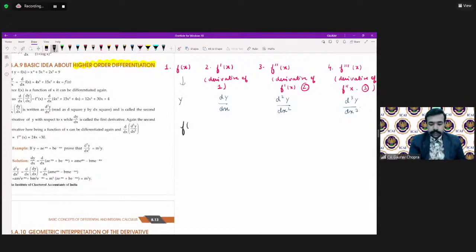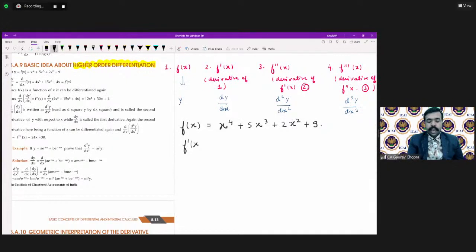f(x) is x to the power of 4 plus 5x cube plus 2x square and then plus 9. Okay, so this is the given function. We have to find the derivative.